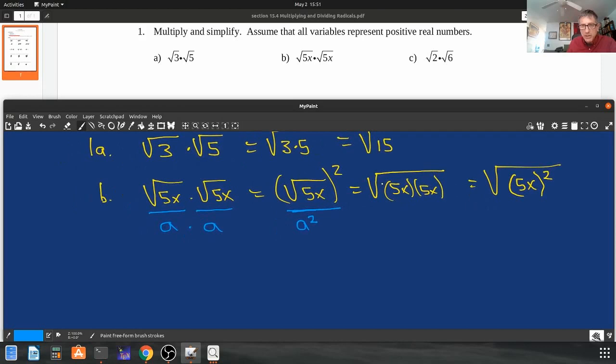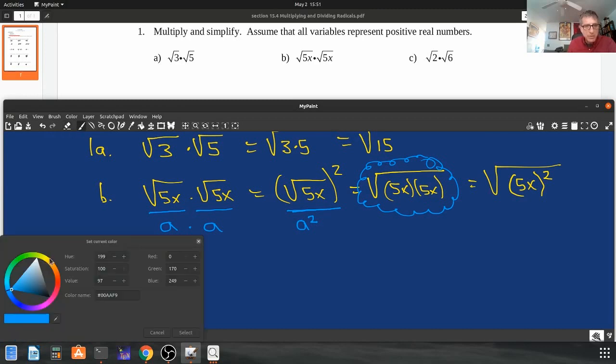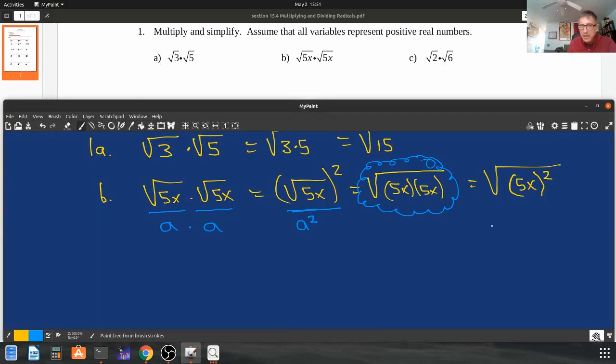This notation here, on the other hand, is the result of the product rule for radicals. That's how I got 5x times 5x underneath the radical sign. So two different things, but it's going to turn out they're interesting and related as to what the answer is going to be. So this is something raised to a power of 2.